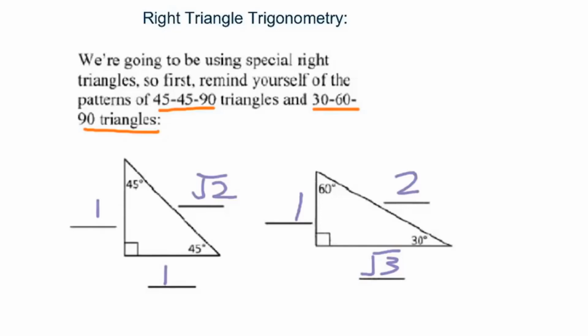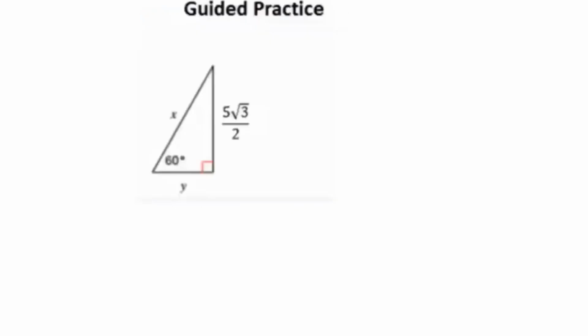Therefore, when you solve for any side of these two special triangles, you can use a ratio. For example, this is a special triangle. Therefore, we label each side. The shortest side will be 1, and the hypotenuse side is 2. Then the other leg will be square root of 3.